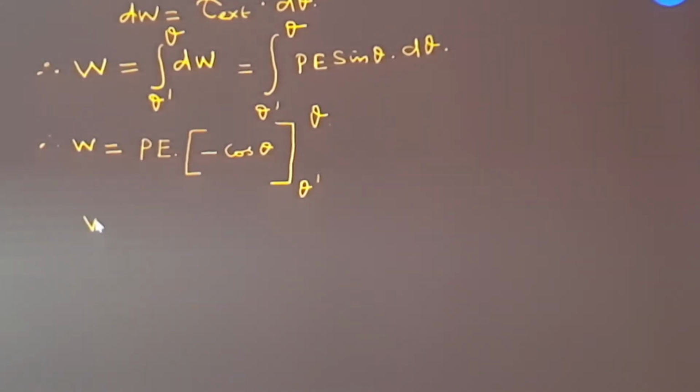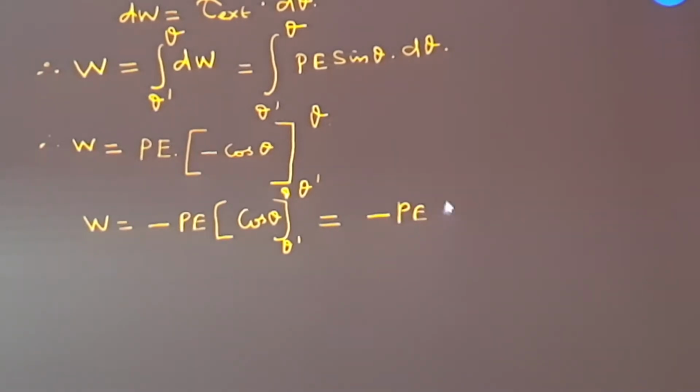So I can write W is equal to minus PE into cos theta within the limit theta dash to theta. That is minus PE into upper limit minus lower limit: upper limit cos theta minus the lower limit cos theta dash.